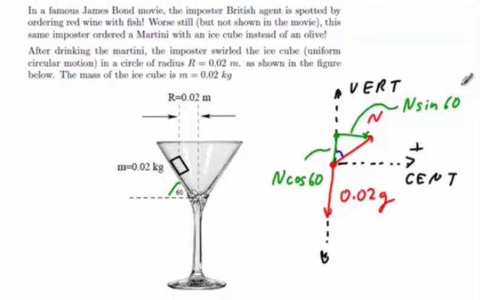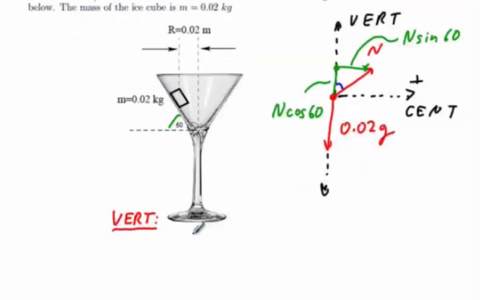This free body diagram will yield 2 equations, one in the vertical, the other in the centripetal. Let's begin with the vertical. Because there's no acceleration in the vertical direction, we haven't chosen one of the directions to be positive. We'll choose up just because that seems more natural, meaning that the force in the plus direction is N times the cosine of 60.